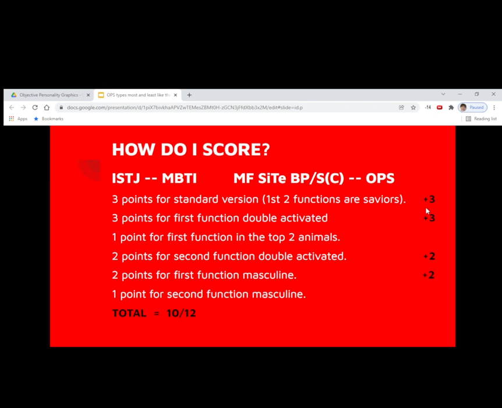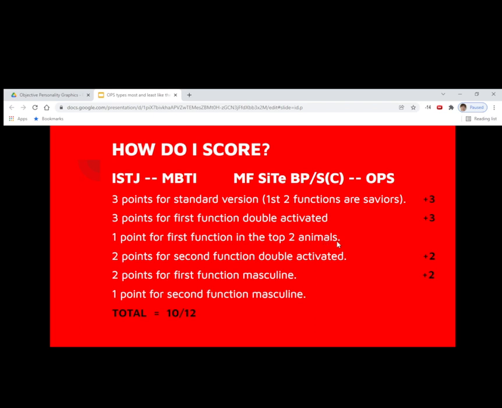My first function, SI, is double activated. It shows up in both the blast animal here and in the sleep animal. Remember that when we count function activation, the first 3 animals count. However, I don't get a point for having the SI in the top 2 animals.